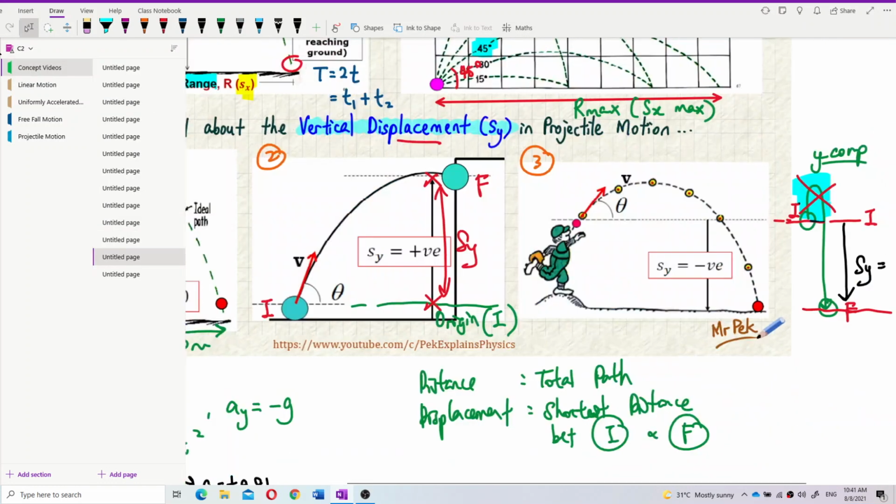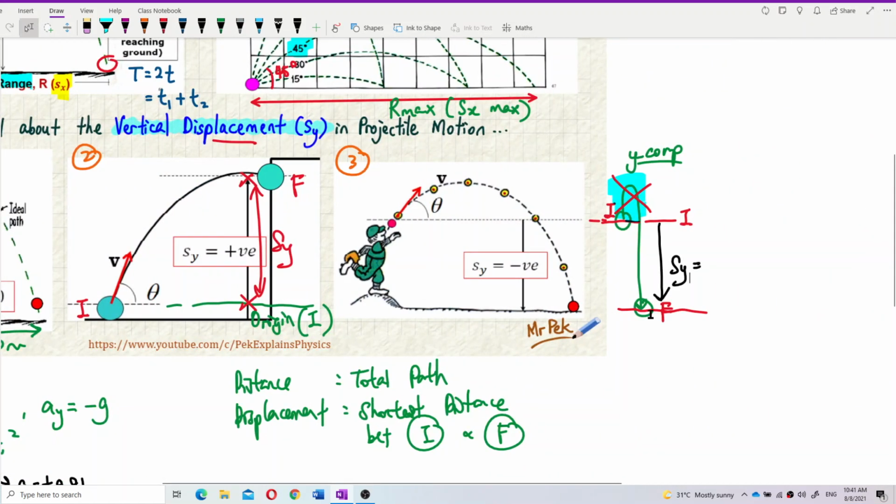Go back to this one. So this object now is below the origin, below the initial point. This is the origin here. So the ball is below the origin. That's why this Sy is negative. You get a negative displacement.